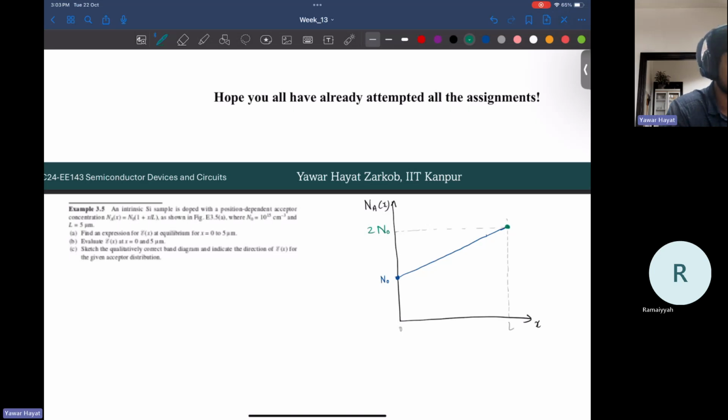How should we proceed with this one? For part A, we need to find an expression for the electric field E of x at equilibrium, for x equal to 0 to L, because L here is 5 micrometer. So we know that at equilibrium, your hole current density is equal to 0, right?